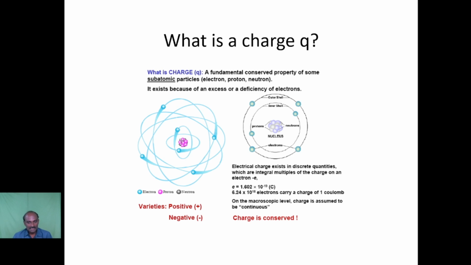So 1 coulomb of charge is nothing but 6.24 into 10 power 18 electrons. So this many electrons combined together constitute a charge of 1 coulomb. We have positive and negative charges. The charge is also treated as a conserved quantity.